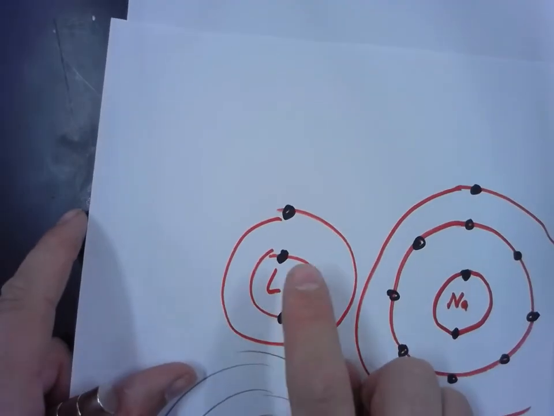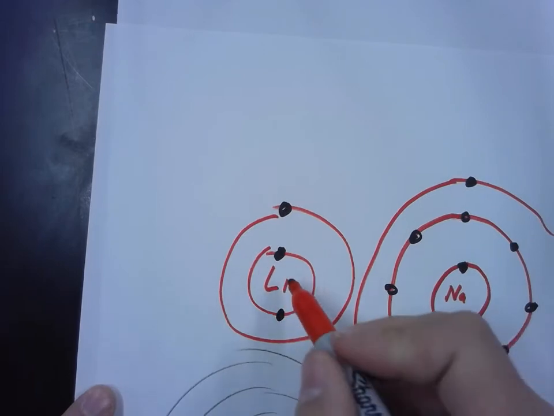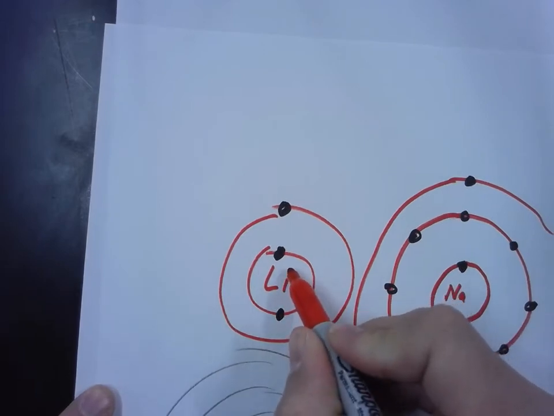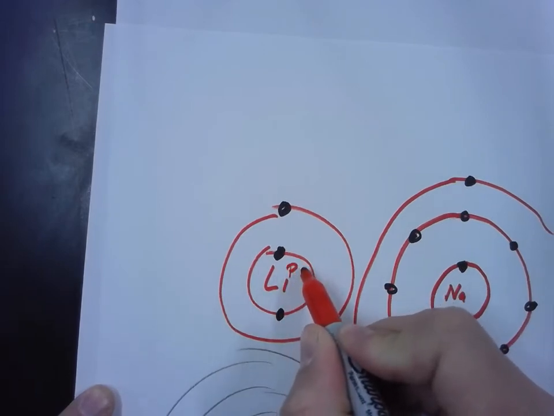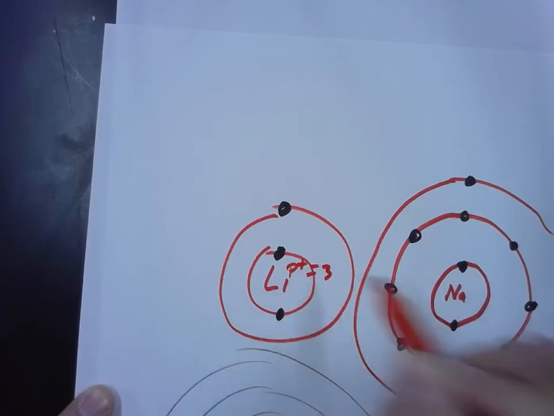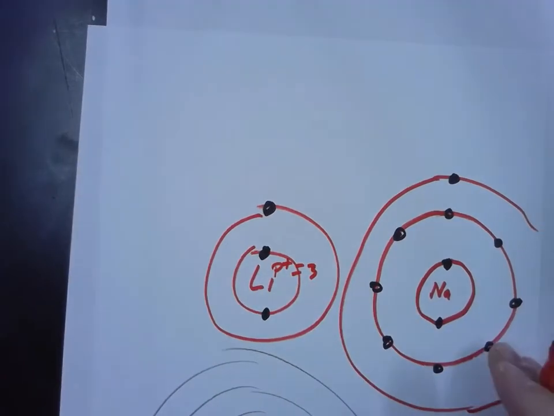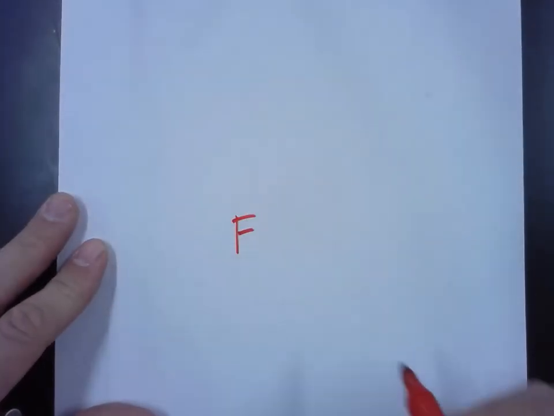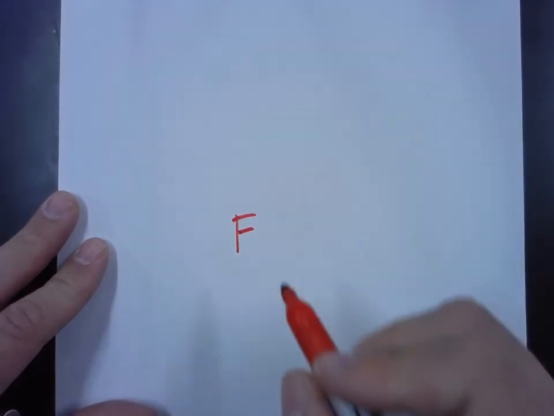Knowing that now, let's consider lithium. Inside lithium you've got 3 protons, so P plus equals 3. Now let's consider fluorine. In fluorine's case, how many protons do you have? You've got 9.